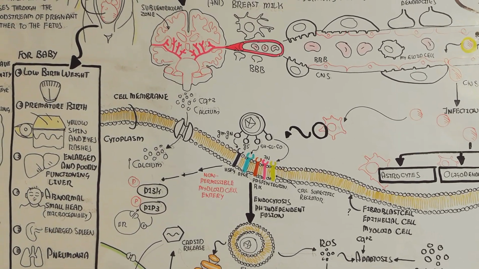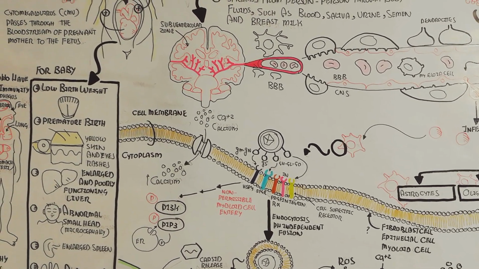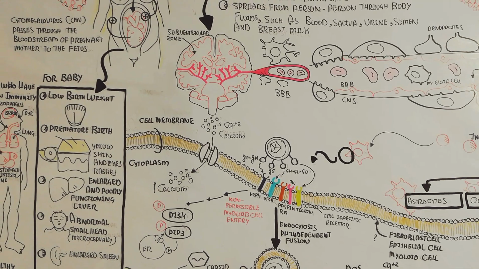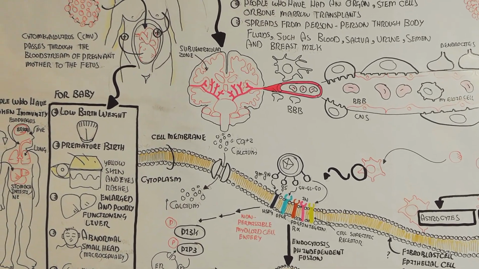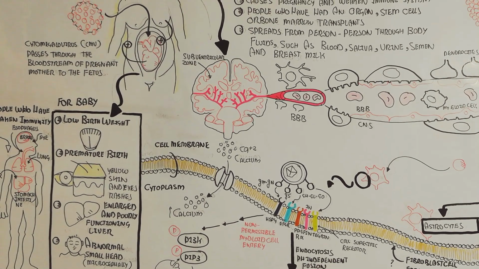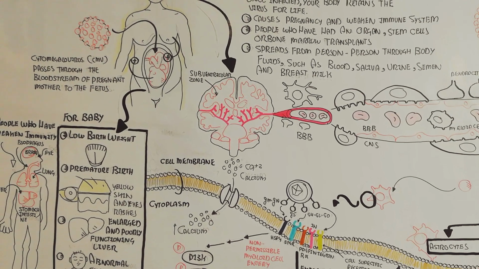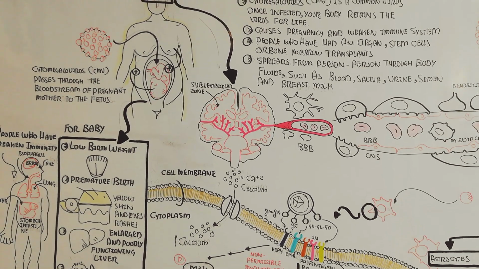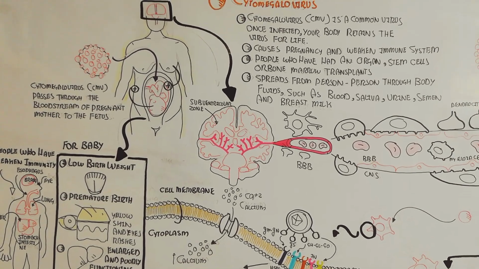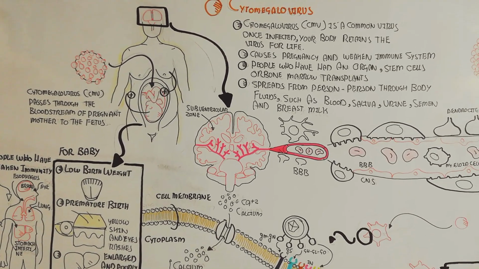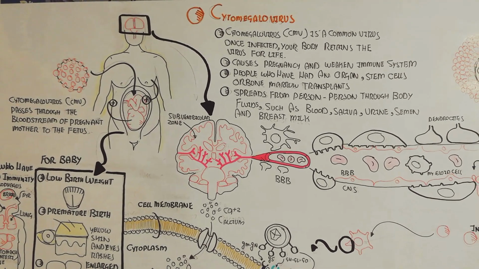This is the infection of the brain side, but other cells like fibroblasts, epithelial cells, and myeloid stem cells can also be infected, and chronic inflammation can lead to many complications in different organs of the body like the stomach, liver, and lungs.